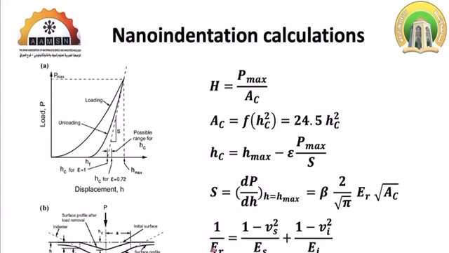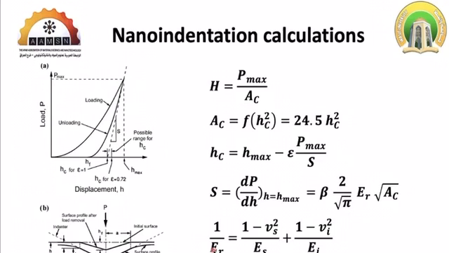So what I want to say here is that by doing a standard, very simple nanoindentation test, you can get the hardness and the modulus of elasticity of the material with high precision. Again, highlight high precision.